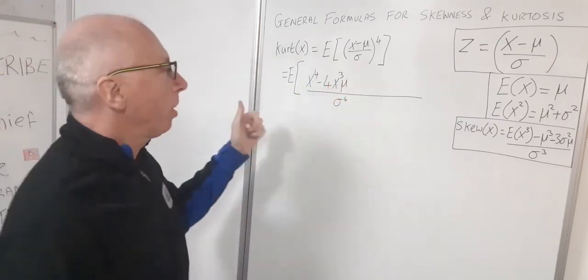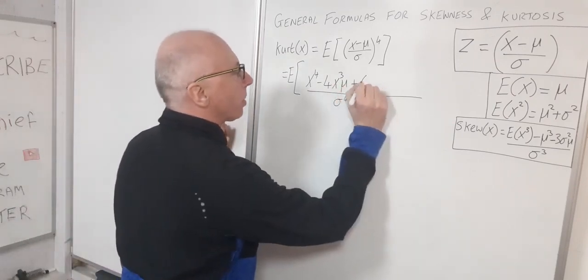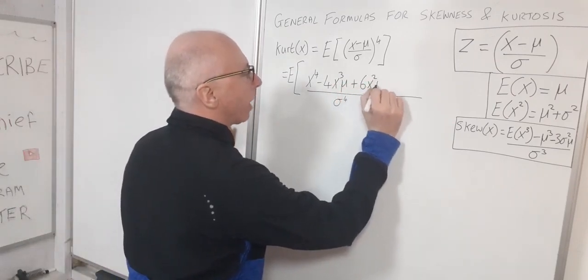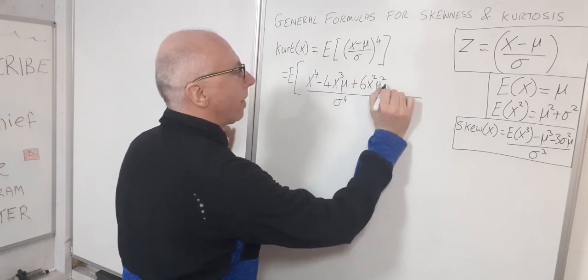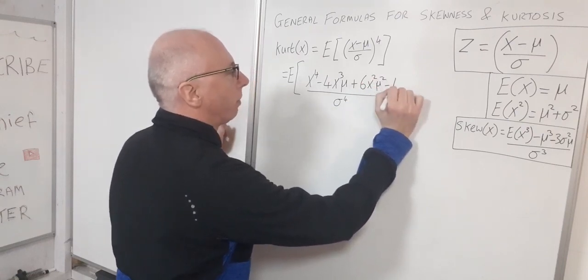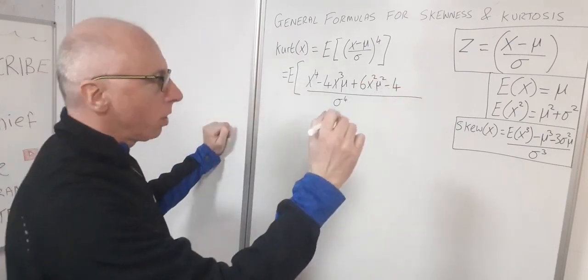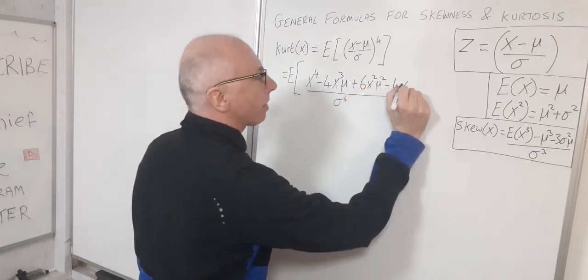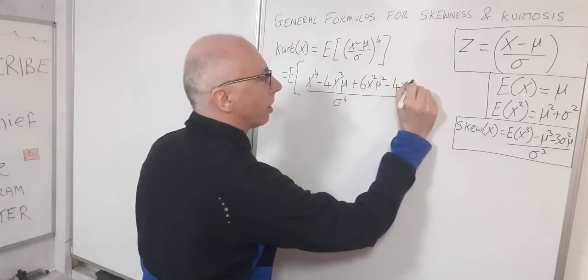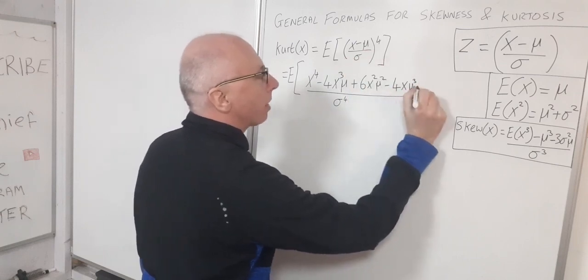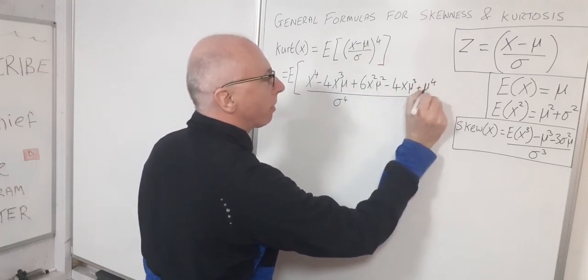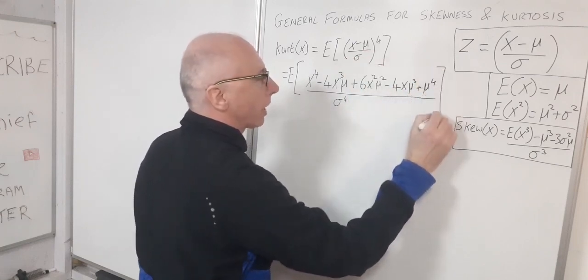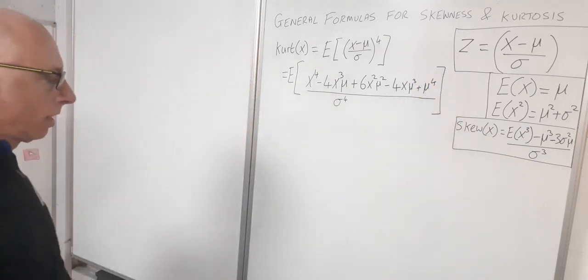And then using binomial expansion, we'll have plus 6 x squared mu squared. And then minus 4 mu cubed and x. And then at the end plus mu to the power of 4. So that will take care of all of that.